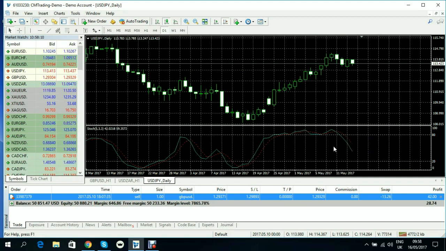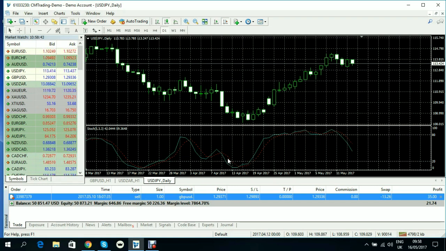For example, when they cross below this 80, then you can place the sell. On the other hand, when the stochastic lines cross below 20, you may place a buy trade, or wait once it crosses above 20, you place the buy trade and leave it to run.